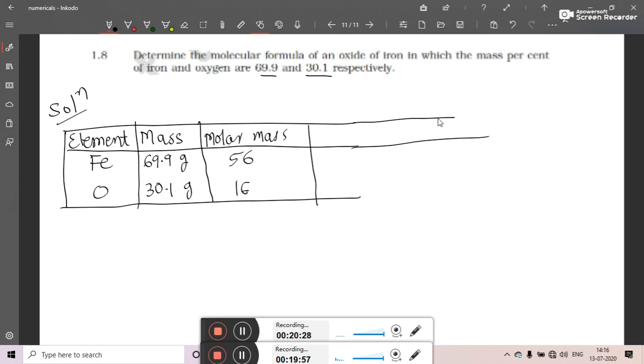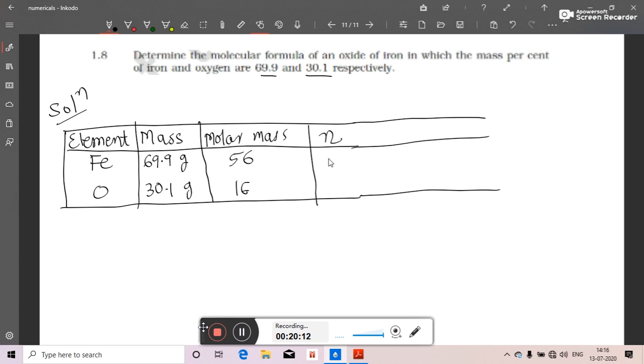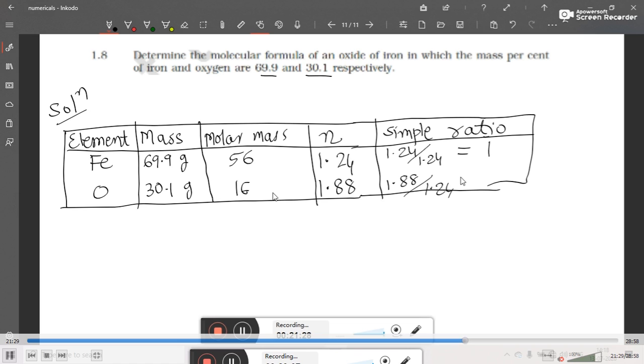And then we have to find number of moles. So fourth column is number of moles, small n, and that is equal to, now 69.9 upon 56 is 1.24 and 30.1 upon 16 is 1.88.